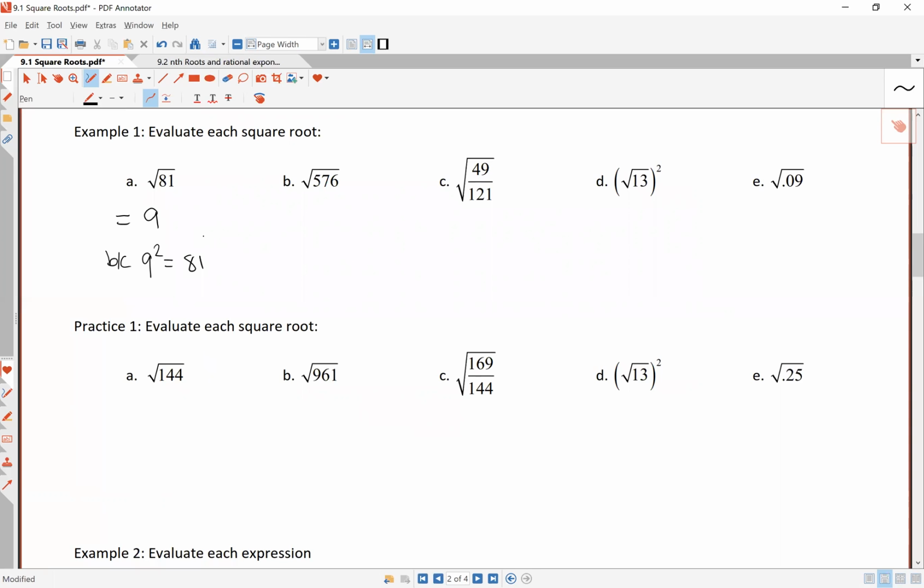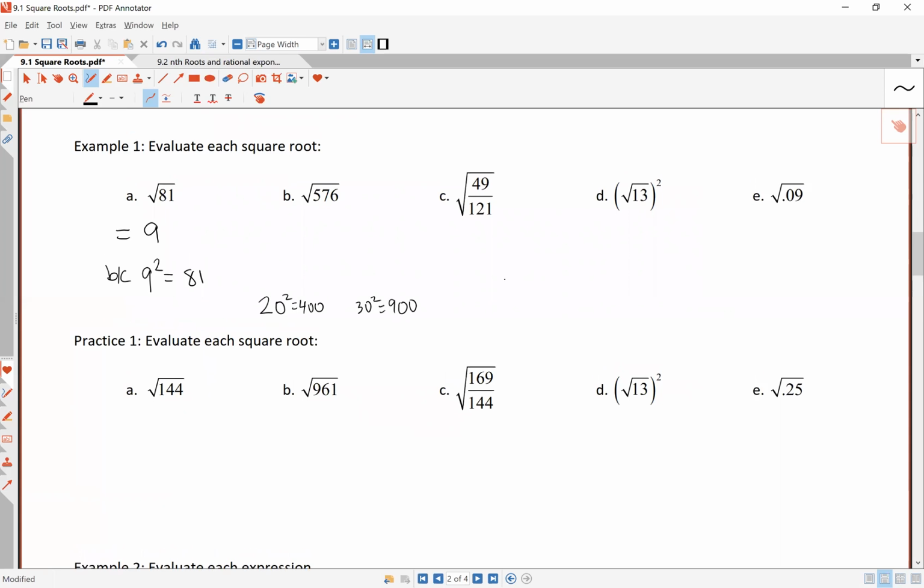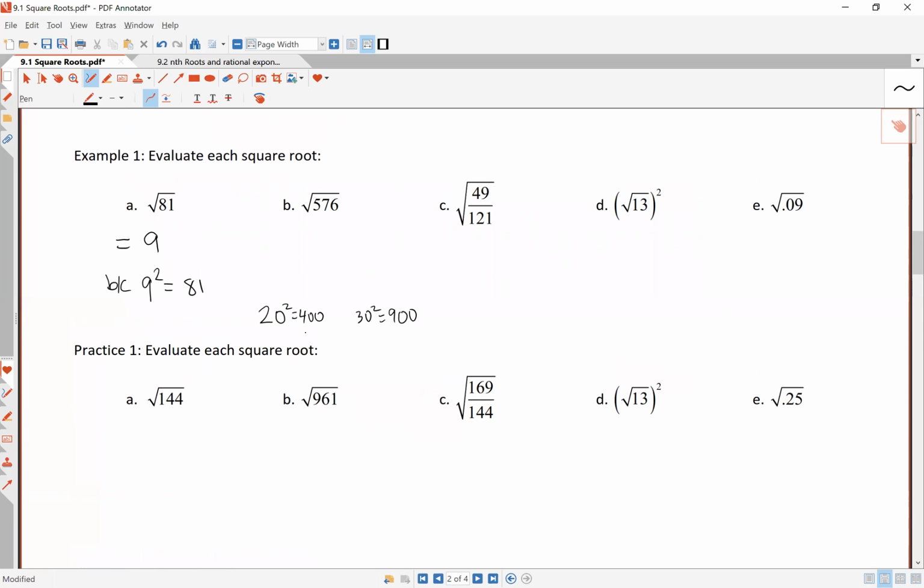The square root of 576, this is kind of a big number. And so I know it's got to be between 20 and 30 because 576 is between 400 and 900. Now I know it can't be 21 or 22 or 23 because when you multiply those numbers out, 3 times 3 would be 9. It would have to end in a 9.